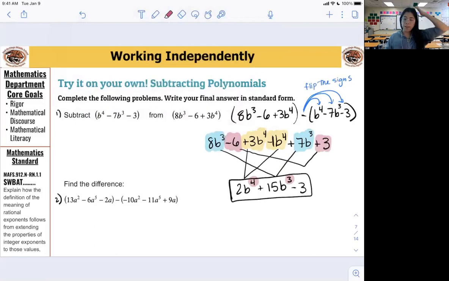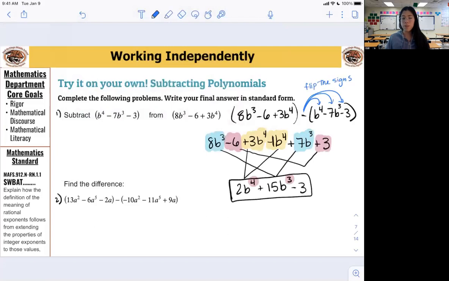So good, I see what you mean. So these two problems are given to you differently. So the first one is telling you to subtract this from that. So we have to flip it. But in example number 2, it already wrote the subtraction problem for you.